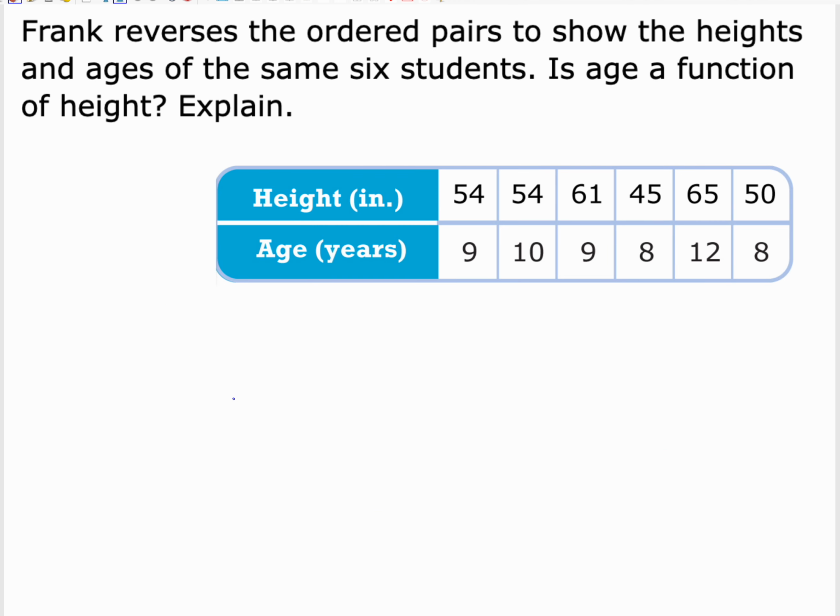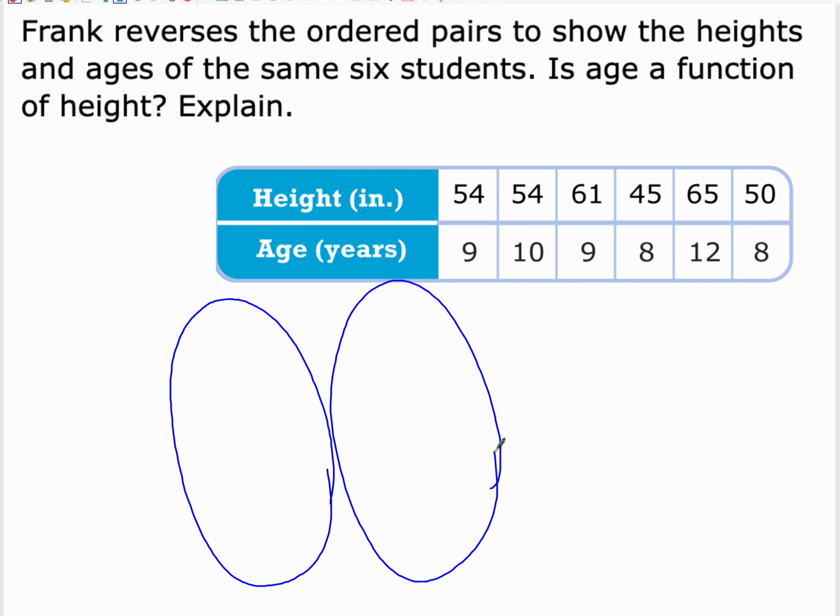So if I make my new input output table or my new arrow diagram: 54, 61, 45, 65, and 50. And then ages would be 9, 10, 8, and 12.